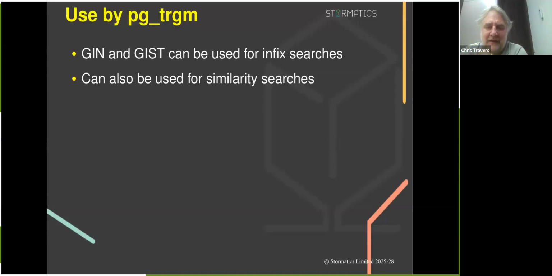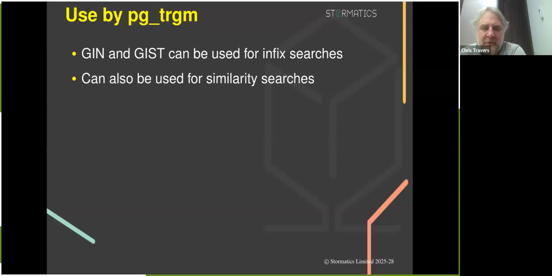So in this particular case, we can do these infix searches using an index, and it will be much faster than doing a sequential scan if you have a big table. And suddenly a major difficult problem is solved.